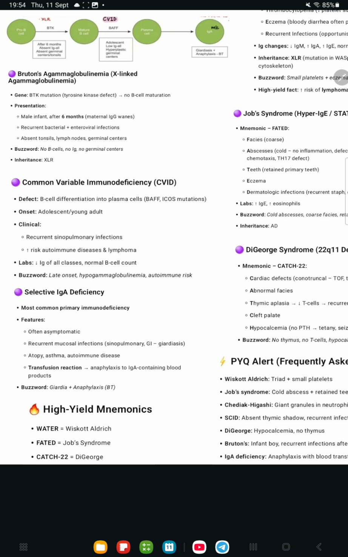One important thing here is that transfusion reaction is seen in this condition because of anaphylaxis to IgA-containing blood products. The patient has IgA deficiency and will have antibodies to IgA, and when given blood, the body can show anaphylaxis to blood products containing IgA. So the buzzwords will be giardia and anaphylaxis to blood transfusion.